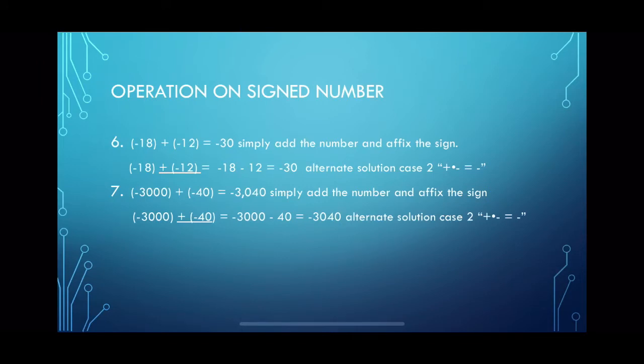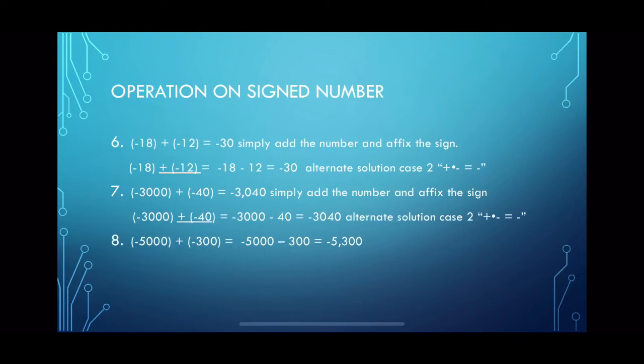For the alternate solution, we have negative 3,000 plus negative 40 by following case 2. Positive multiplied by negative is equal to negative. So therefore, it can also be expressed as negative 3,000 minus 40 is equal to negative 3,040.